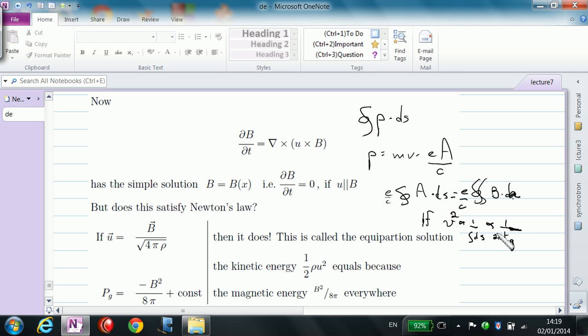I'll put 2 pi here to remind you that it's the full ds. I'm making this up as I go along. Let's say v is proportional to 1 over rg.